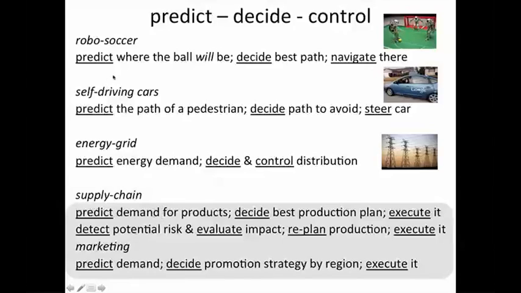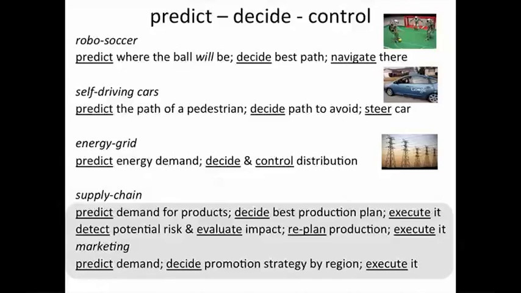For example, the ones at the top are possibly executable or implementable using, say, a system which will predict the ball, directly take that prediction, decide the best path using some optimization techniques, and then navigate there using a simple control system. Similarly for self-driving cars, in fact, autopilots for aeroplanes are already part and parcel of everyday life.